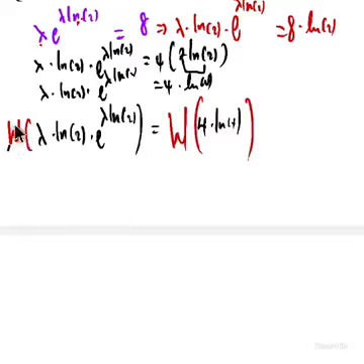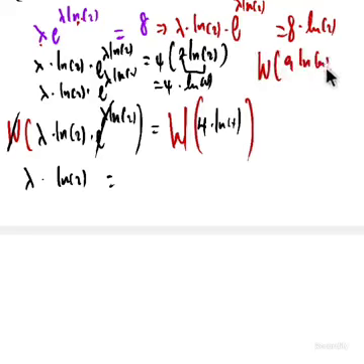What I notice is that the W and the exponential surely cancel out, we have lambda multiplied by natural log of 2 equals, and then remember, if we have the Lambert W function of ln a times e raised to ln a, this will surely give us ln a.